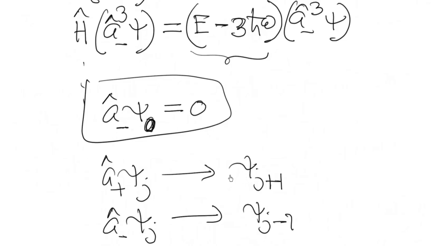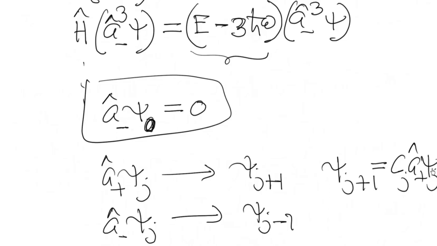Okay, so this one will not be just exactly equal. You will have to have a normalization constant. So psi j plus 1 is some constant, say c j, times A plus psi j, and psi j minus 1 is, say, d j times A minus psi j.